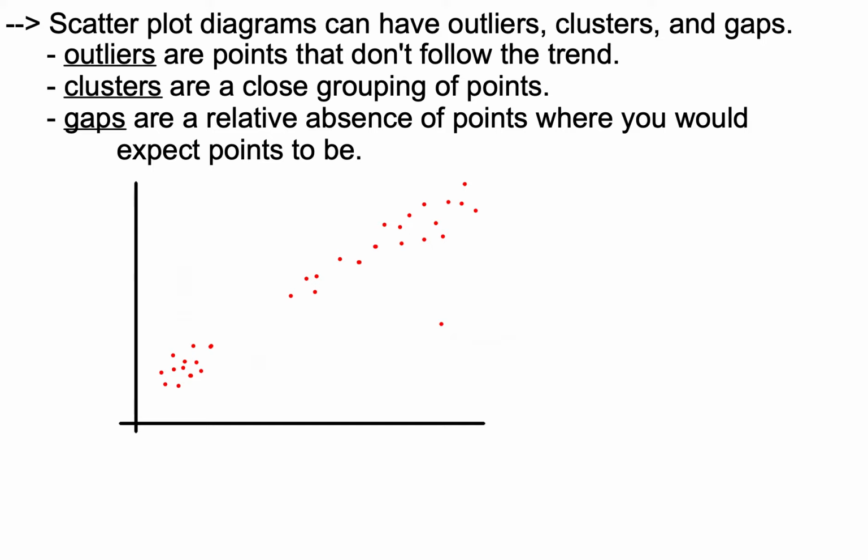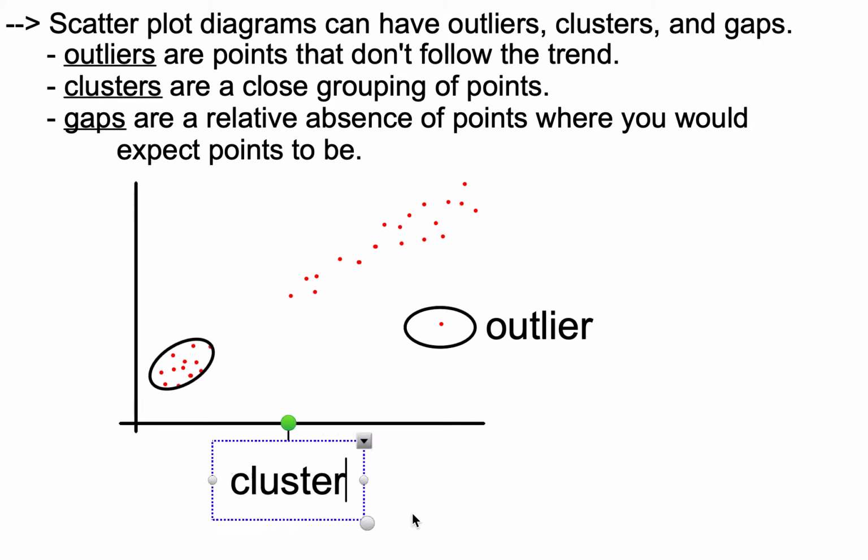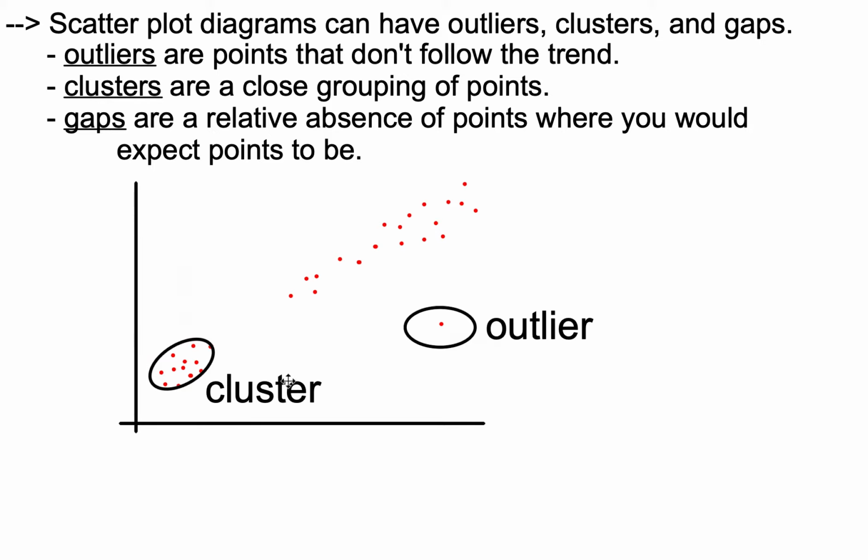Okay, an outlier, you can see outliers existing. Well, there's this one here. That's definitely an outlier. It's a good example of an outlier. Now, as far as clustering goes, there appears to be some clustering right here. It's a close grouping of a bunch of points.